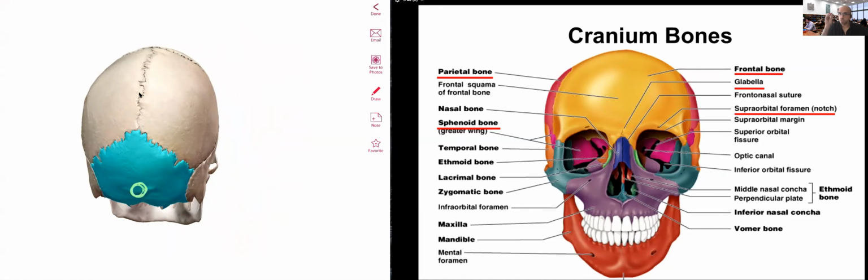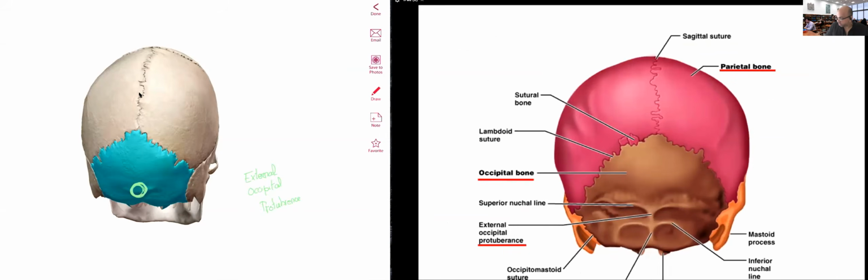What do we call this large elevation protruding to the outside of the occipital bone? This is my external, because I'm on the outside, occipital, because I am part of the occipital bone, protuberance. So what we're looking at here is this elevated part.